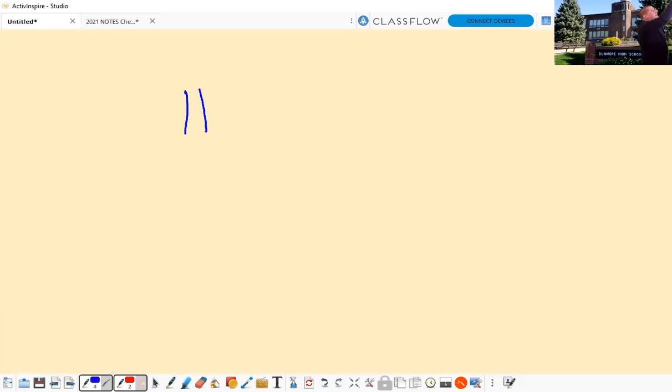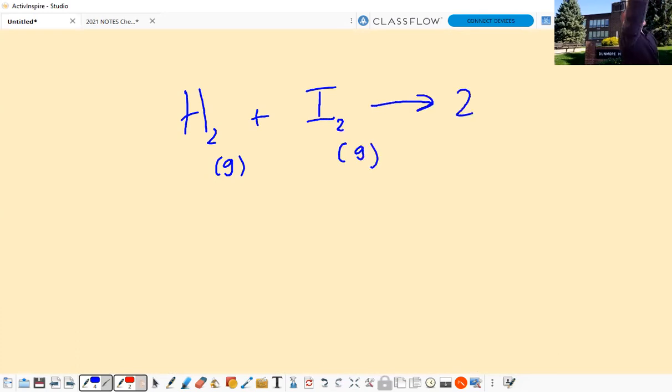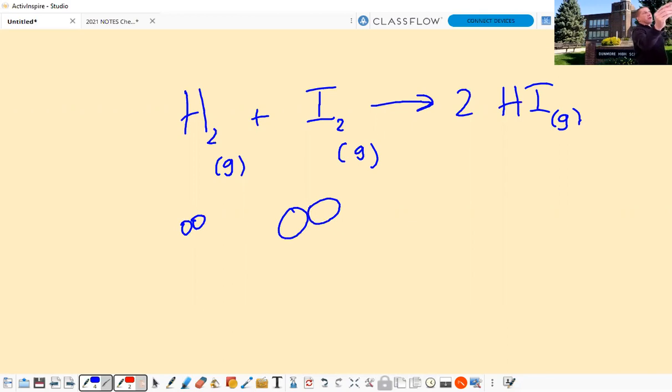So we have H2 gas plus I2 gas makes 2 HI gas. So we have a pretty simple reaction here. You have a hydrogen molecule, you have an iodine, which would be bigger, and then over here you get 2 HIs. Pretty straightforward.